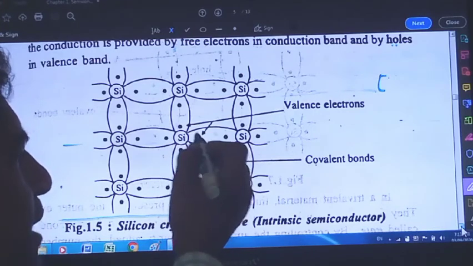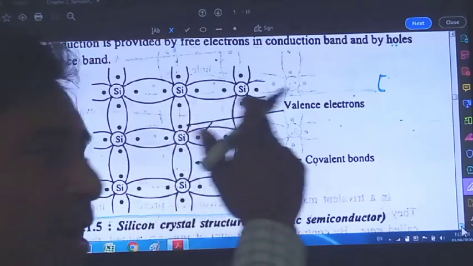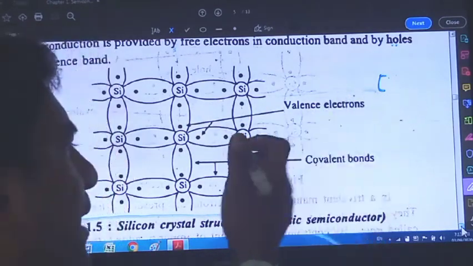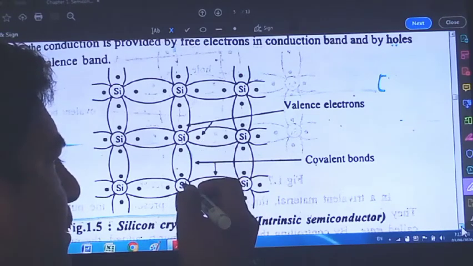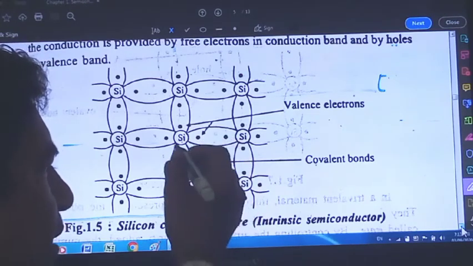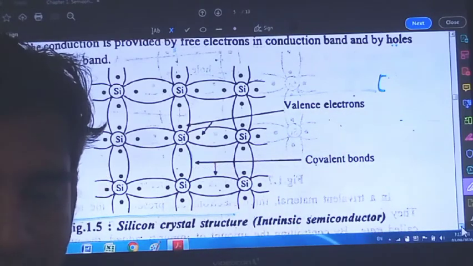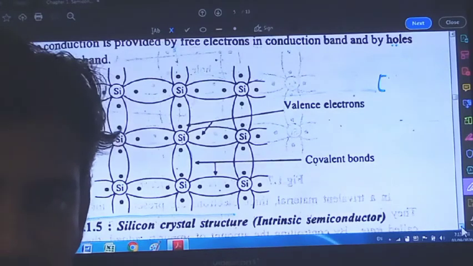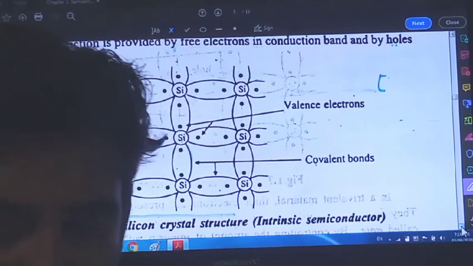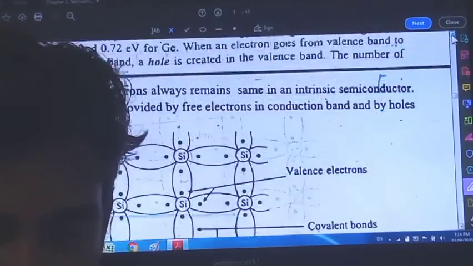The dotted part drawn inside is called a valence electron, and what holds the silicon atoms together is the covalent bond. So this is the crystalline structure for silicon, the intrinsic semiconductor.